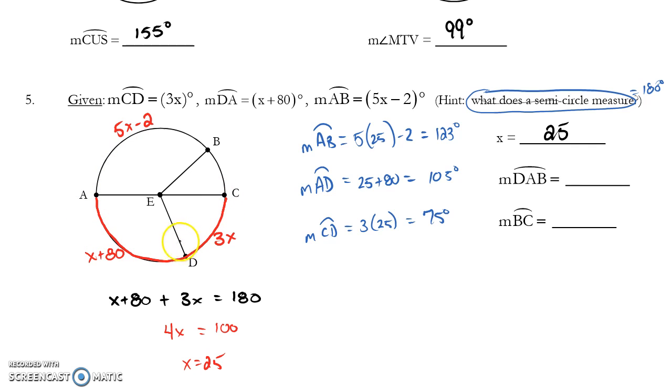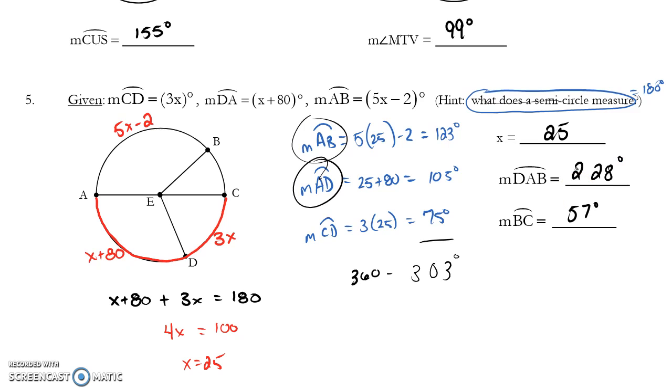the measure of arc CD is 105 degrees. Since they want the measure of arc DAB, that means start at D, through A to B. Well, that's arc AD and arc AB. I have to do arc addition, add my 2 arc measures, and I have a 228 degree arc.